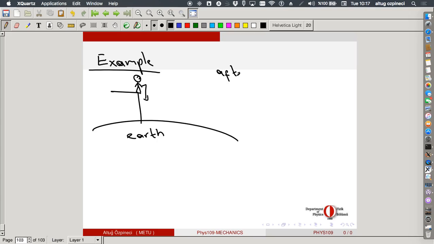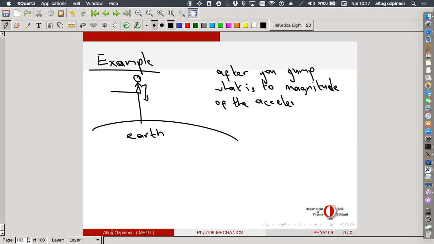After you jump, what is the magnitude of the acceleration of Earth?